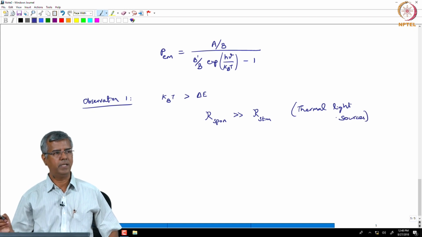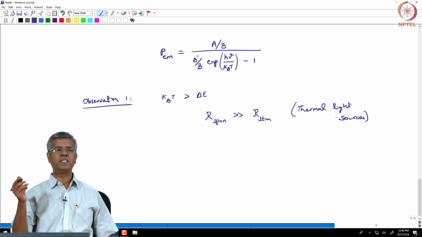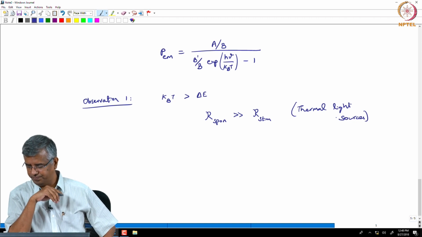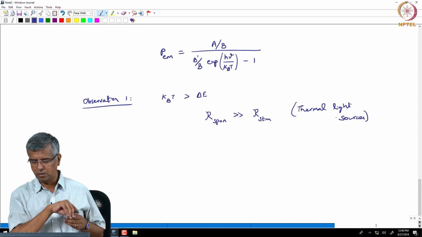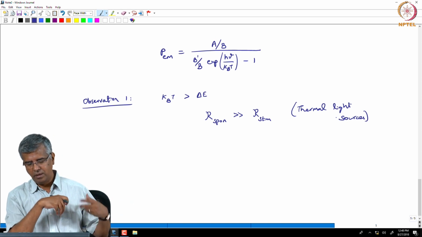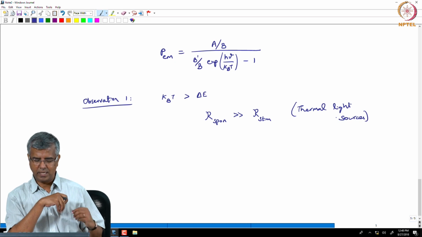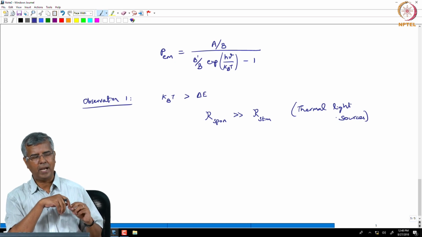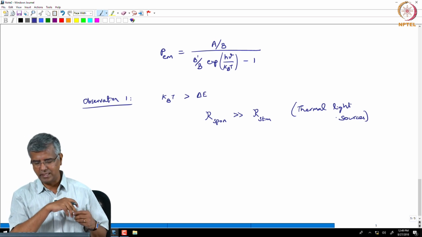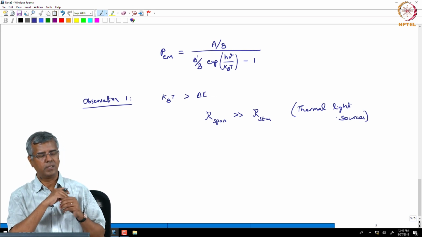What is an example of a thermal light source? The tungsten filament lamp, the incandescent lamp. Then there is the other observation: to have stimulated emission, one of the necessary conditions is that delta E is far greater than kBT.